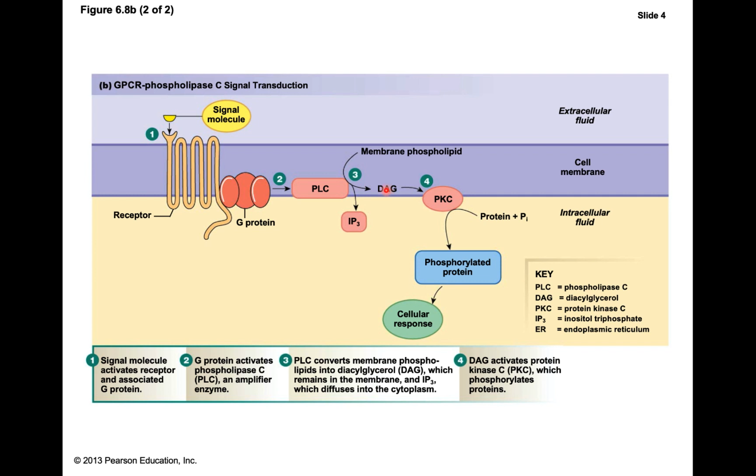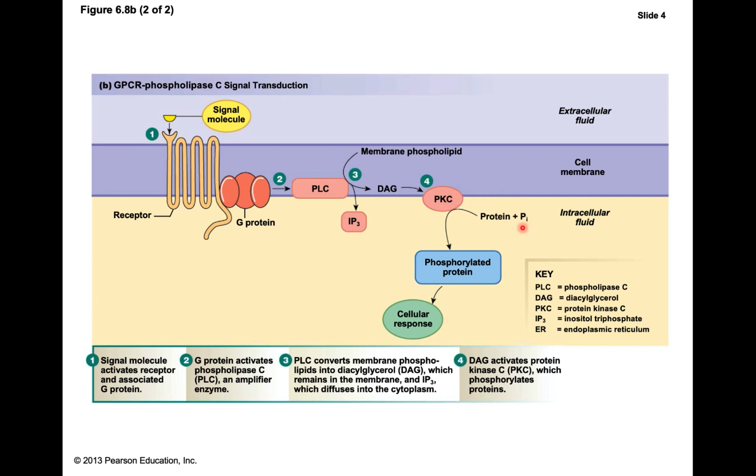DAG will then go downstream further and activate PKC, protein kinase C. Again, the word kinase is in here. What do we know that all kinases do? Well, they phosphorylate things. Protein kinase C will phosphorylate a protein.